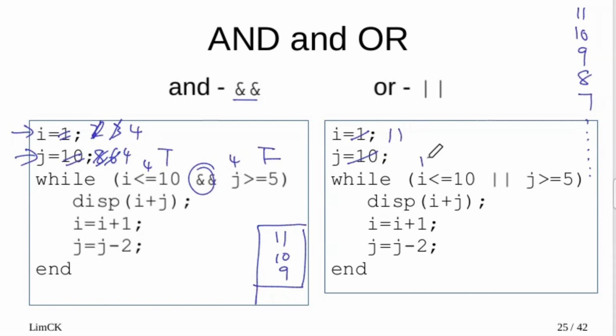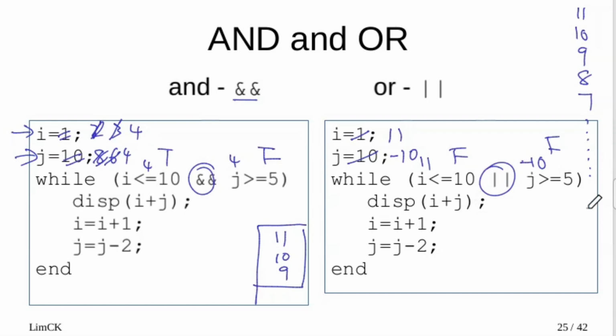When this is 11, this one should be negative 10, because this one increases 10 times, this one decreases 10 times. So when you have 11 here and negative 10 here, this is false. This is false as well. False or false is false. Then only it will not execute.